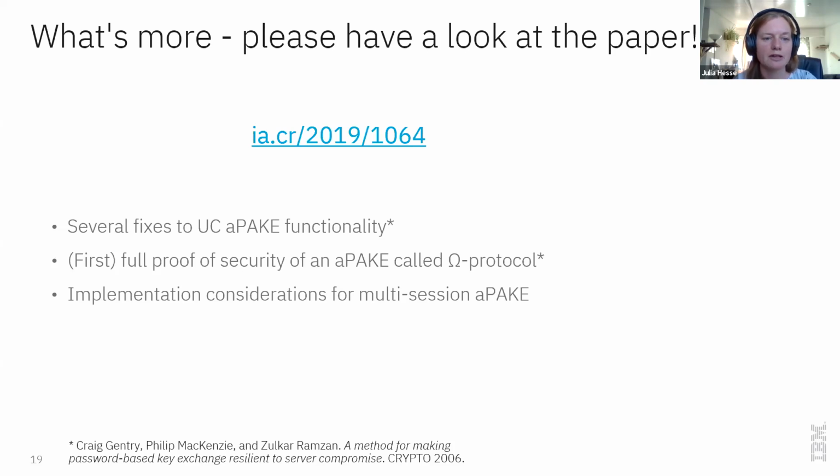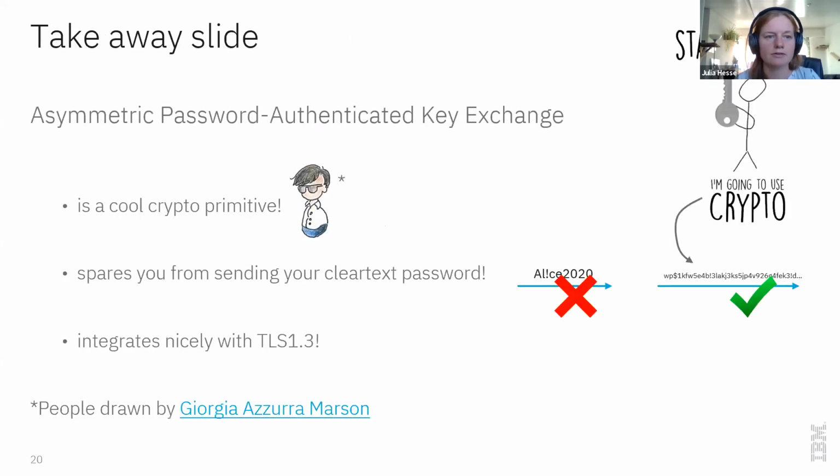There's also a full formal proof of security of an APAKE called the Omega protocol from the literature, which is the first full proof of security for this PAKE. Okay, and with this, I'd be happy to answer questions.